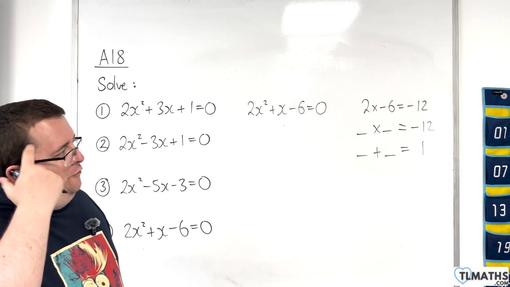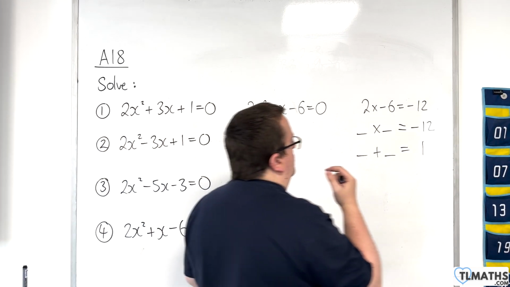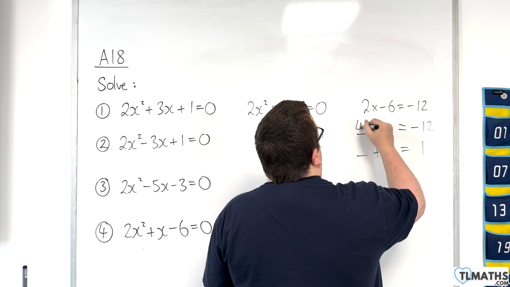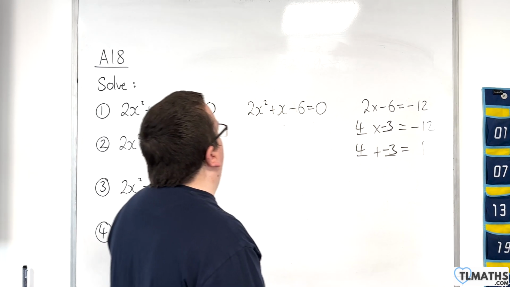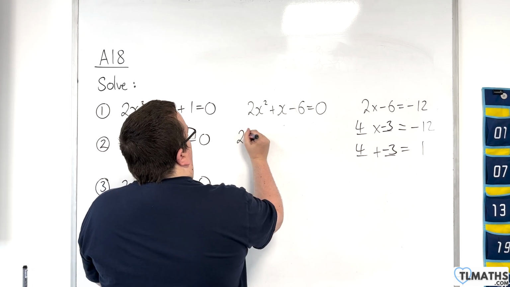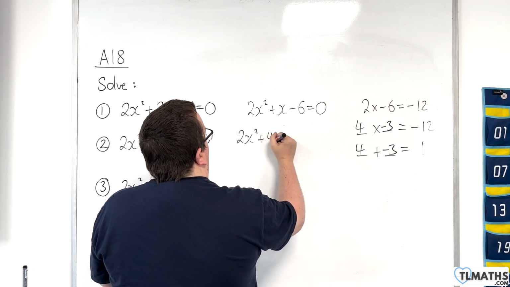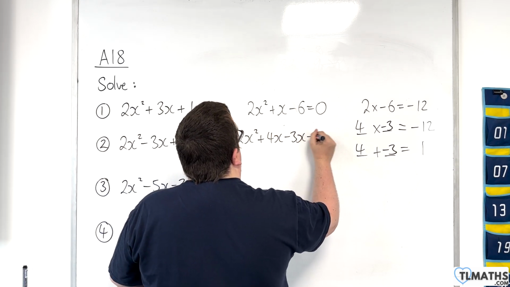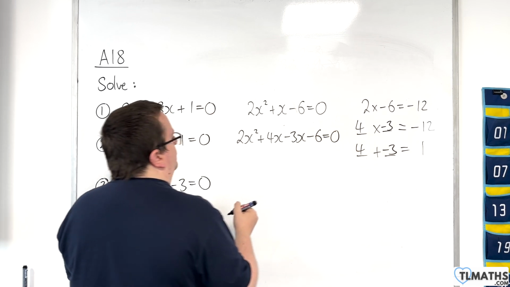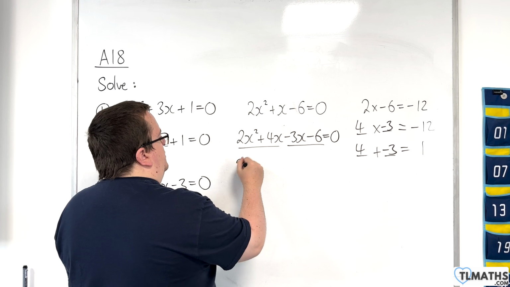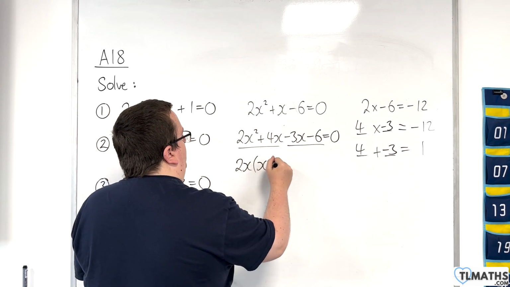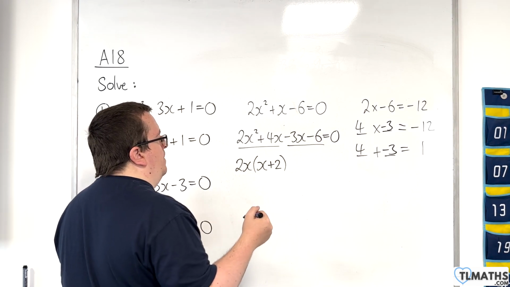So it's going to be something like 4 and 3, isn't it? So 4 and minus 3. Okay. So split the x into 4x, take away 3x, take away 6 is 0. These two terms, factor out the 2x and have x plus 2 inside the bracket.